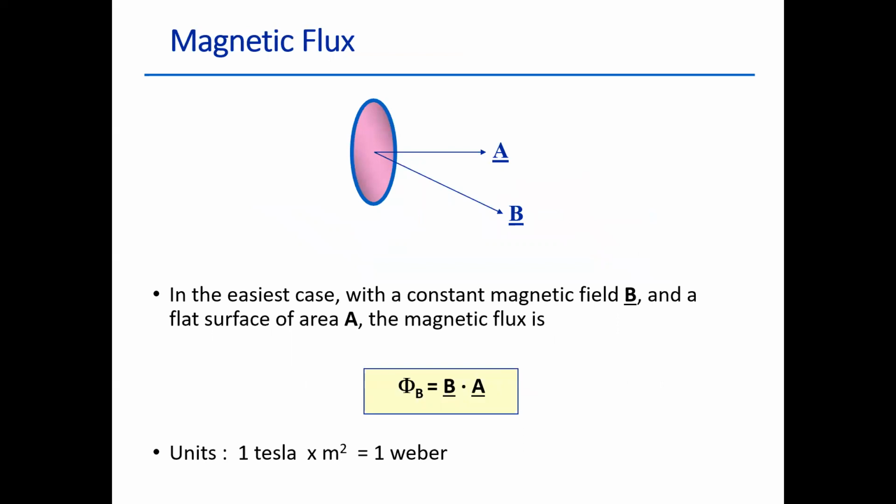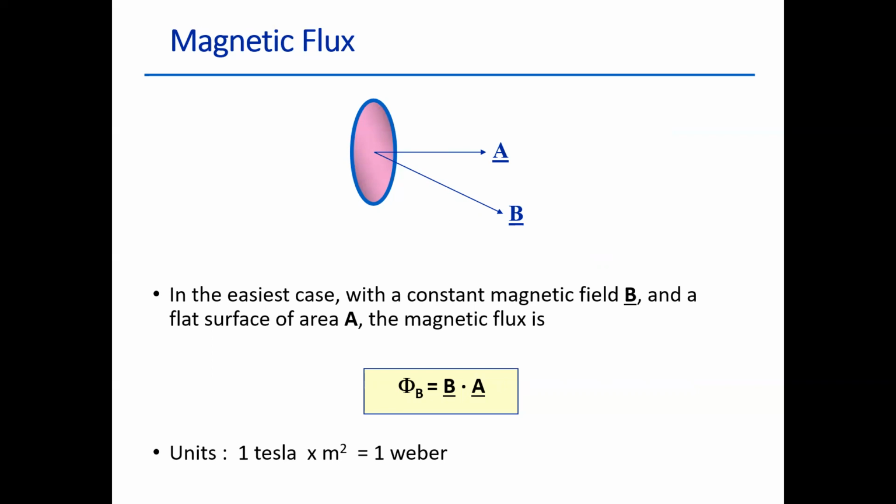The concept of magnetic flux was partially introduced. I think it was quite well introduced in your earlier chapters when we calculated the magnetic field for various objects. And now we know that in the easiest of cases, with a constant magnetic field B at a flat surface, the magnetic flux will be simply the multiplication of the area with the magnetic field.